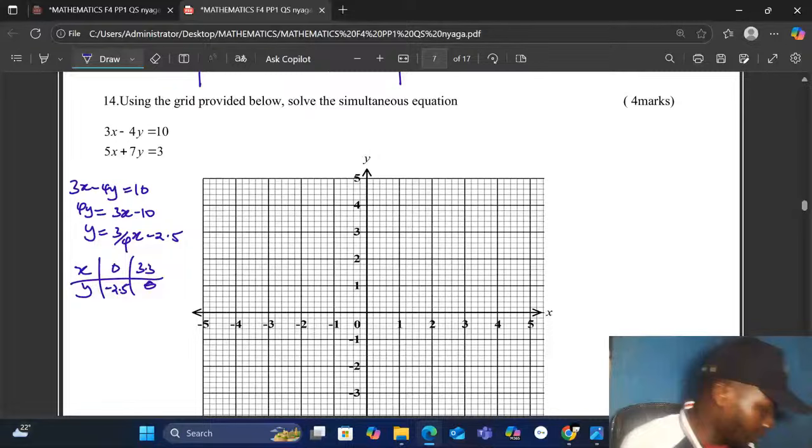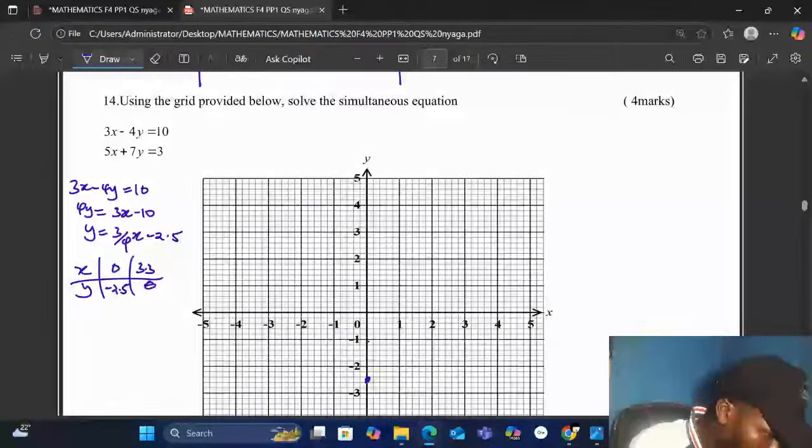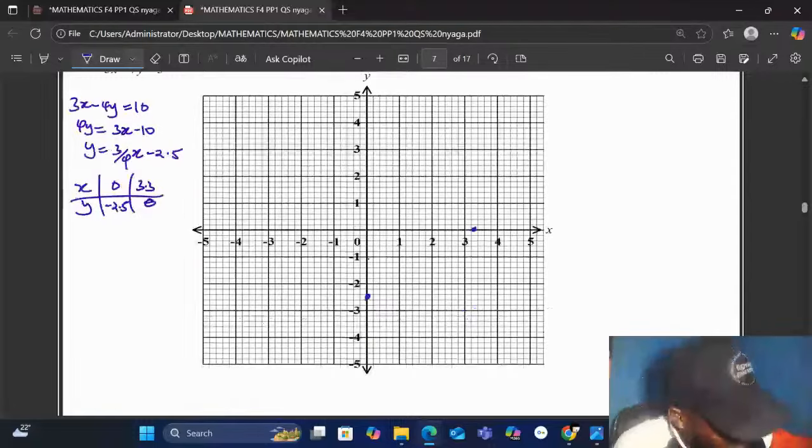So you can use the 2 points to draw. We have x is 0, y is somewhere here. Sorry, it's negative 2.5. Then we join the 2 points.